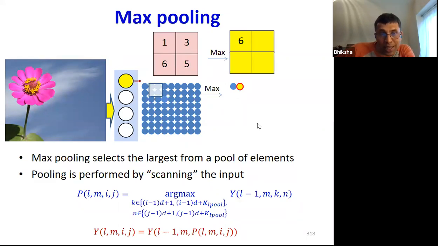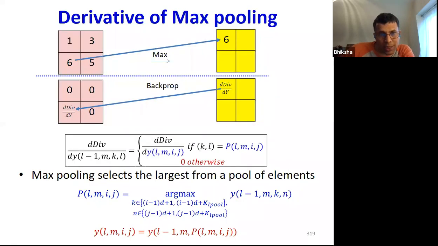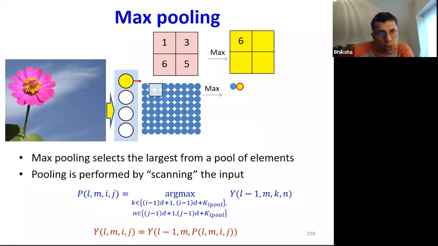Now the pooling itself is a two-step process. In the first step, you found the index of the largest value. So you're going to say, oh, within this window, the largest value is occurring at 0, 1. And then in the next step, you copied the value at 0, 1 out over here. So this means that these three guys really did not contribute to the output.